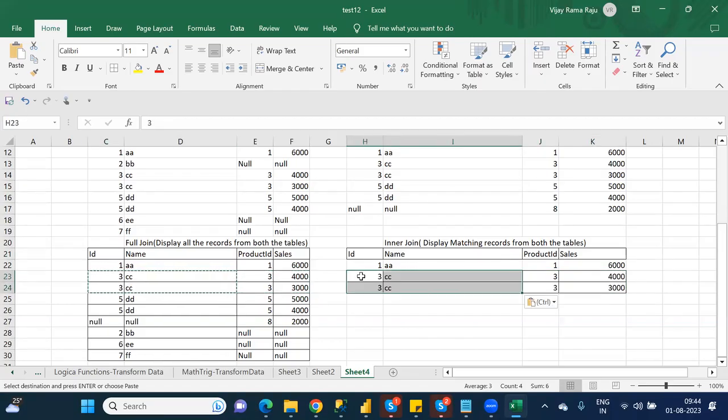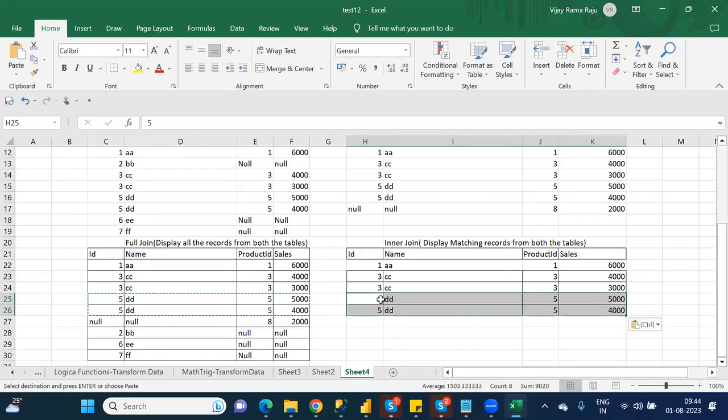And 5. These are the records that are matching, right?